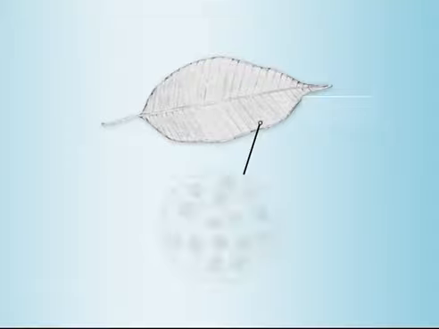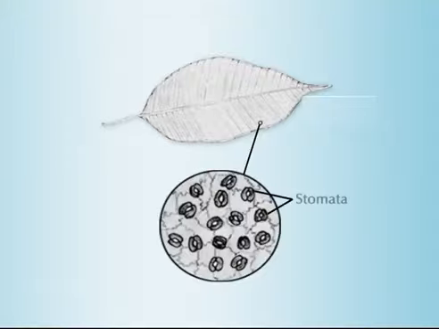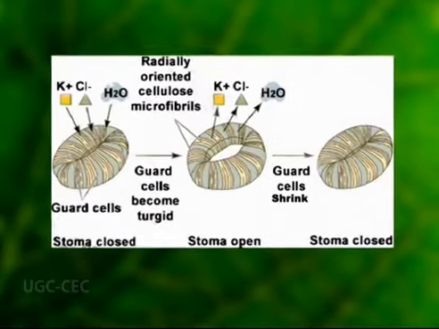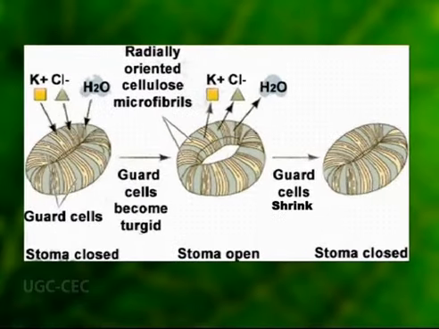Leaf surfaces are dotted with openings which are collectively called stomata, and in most plants they are more numerous on the underside of the foliage. The stomata are bordered by guard cells that open and close the pore due to turgor changes.